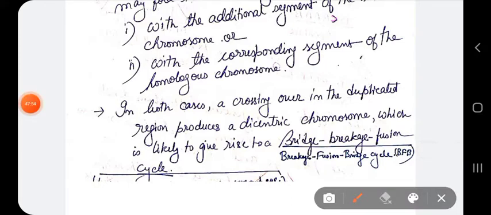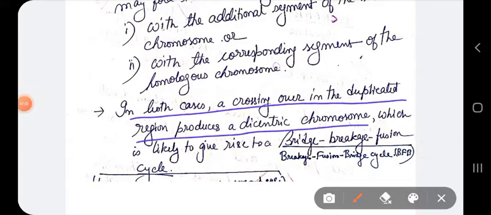And in both cases a crossing over will occur that will produce a dicentric chromosome, that means a chromosome having two centromeres, which is likely to give rise to a bridge breakage fusion cycle. So whether the extra chromosome fragment folds back and pairs with the same segment of the same chromosome, or with its homologous chromosome, in both cases a dicentric chromosome will be observed.